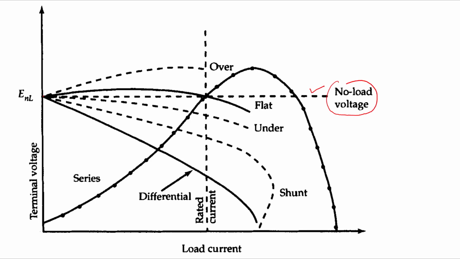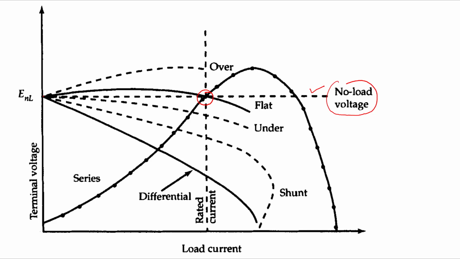Now, the compound generator is designed in such a way that we can adjust the field to get the required voltage as per our desire. If at the load point, full load, we want to adjust the voltage, we can achieve the no load voltage as well, right?